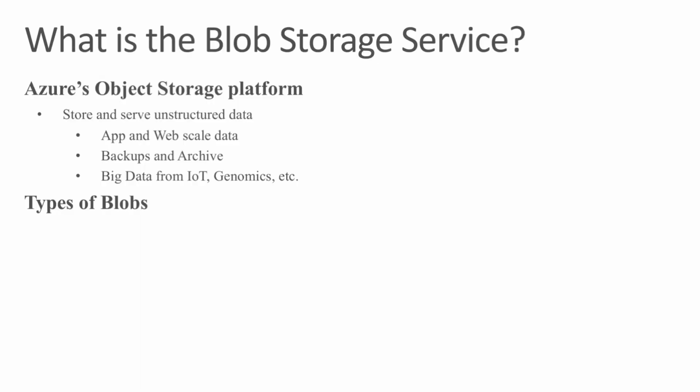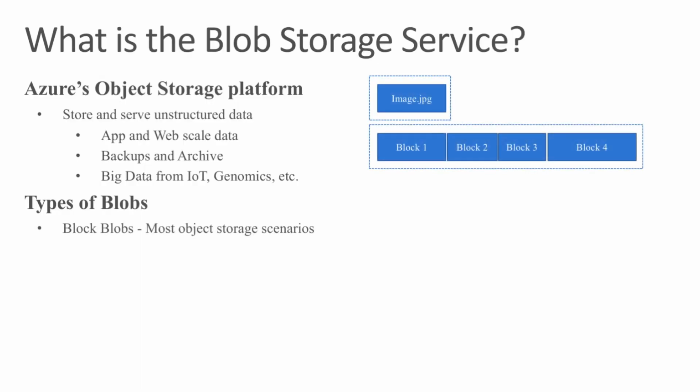Now within it, there are three types of blobs. We have what are called block blobs. Block blobs are, at the end of the day, mainly a file. It's a block of data that can be up to a maximum size, and the most common use case for this is storing files in Azure. A file is a very simple example of a block, such as images, videos, etc. The second type is what's called an append blob.